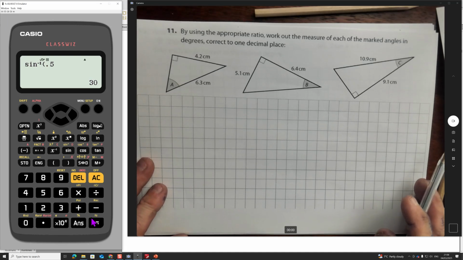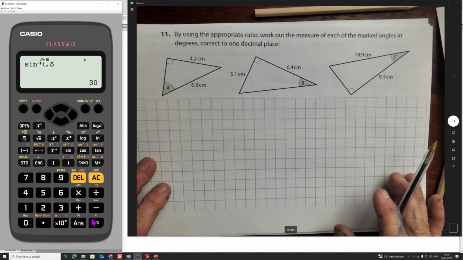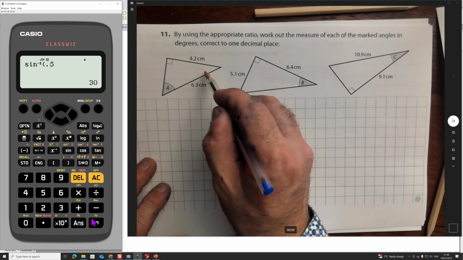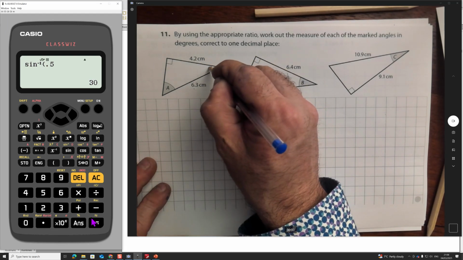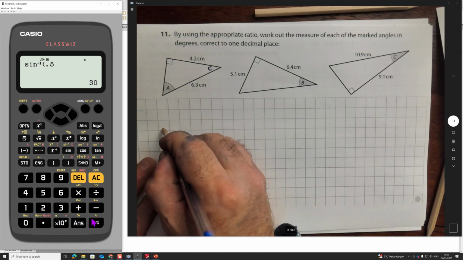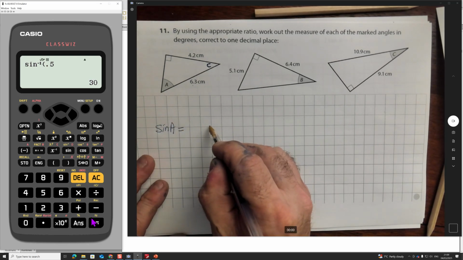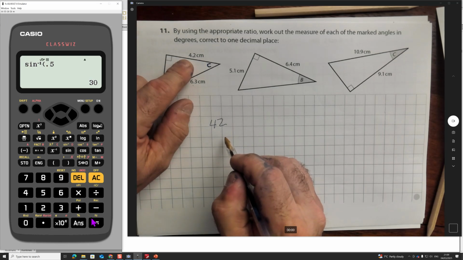By using the appropriate ratio. Now I want to slow down and make sure, give you a second. Look at the 2 sides we're given, and can you see where they meet? Those 2 sides, what vertex, what corner do they meet in? Okay, where does this meet this? They meet here. And now let me put a C for complementary. They meet in the complementary. You write down the sine of A equals, if you leave a space, the sine of A equals 42 over 63.